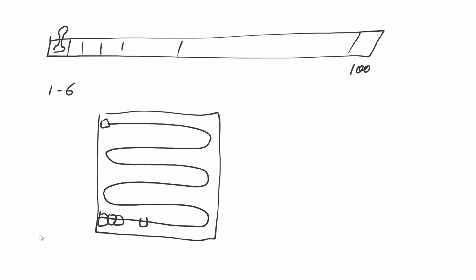For example, if I end up on this spot, I can immediately advance up here with a ladder, right? Or if I end up on this spot, I have to slide back down to this spot, okay? Things like that, right? So now, how many rolls of my die is it going to take to finish this game?